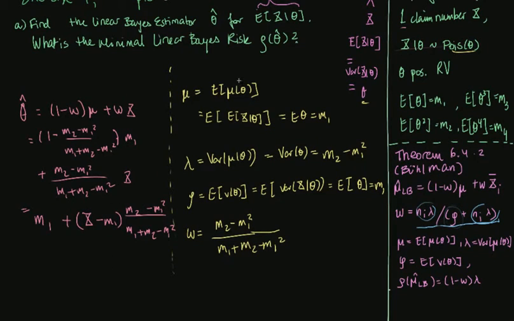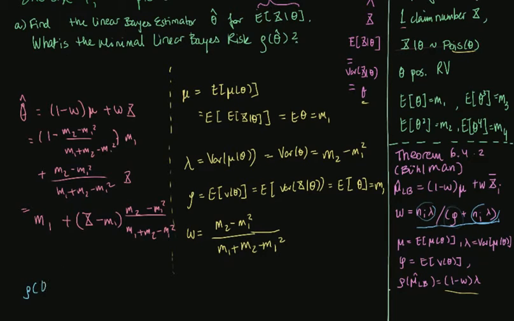Let's also write up the linear Bayes risk rho of theta hat, which is given by this formula here. It's 1 minus w multiplied by lambda. So let me write the calculations for that.